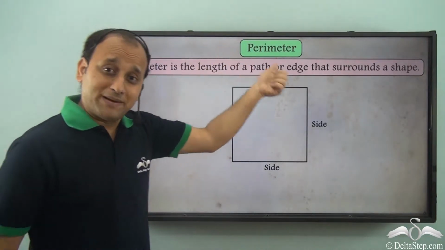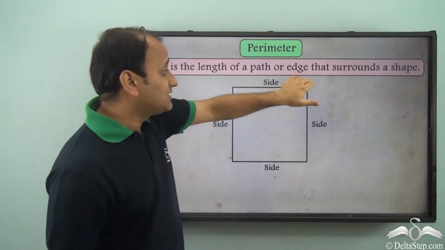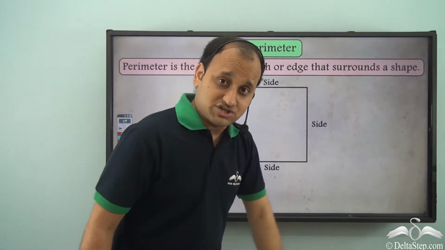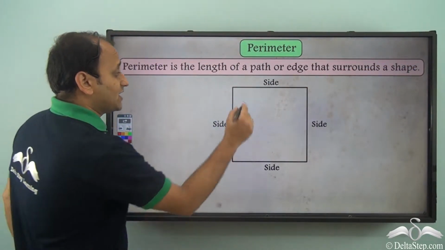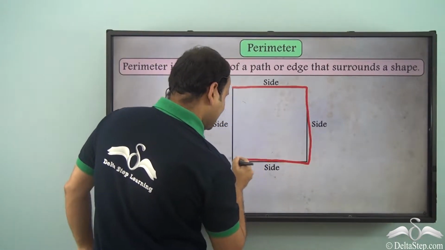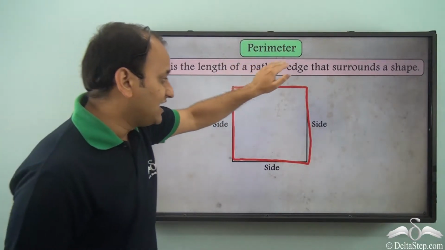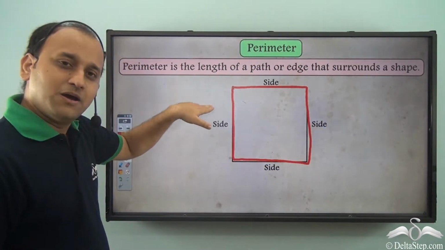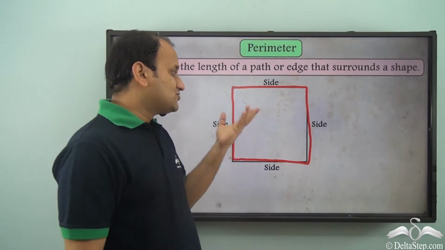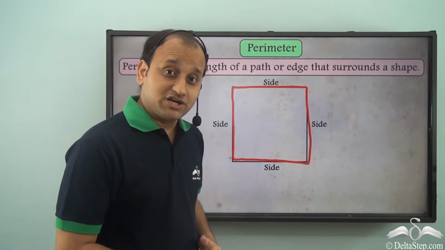So when we talk about perimeter, we know that perimeter is the length of a path or edge that surrounds a shape. So we are basically talking about this, and this entire length, which is nothing but side plus side plus side plus side, isn't it? So this is what is the perimeter of this particular shape.